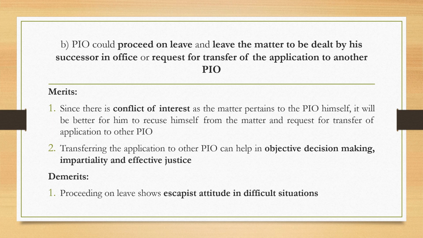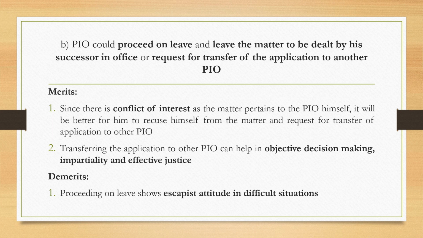Transferring the application to another PIO can help in objective decision making, impartiality and effective justice. Because this person is involved and it is his own decision, he might be biased towards defending his decision. So transferring this matter to another PIO helps in effective justice, right?